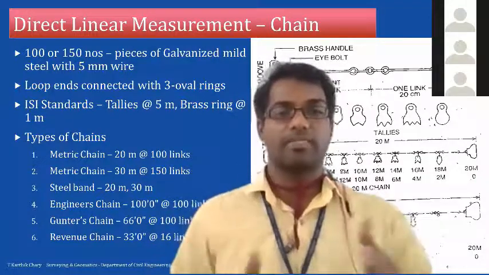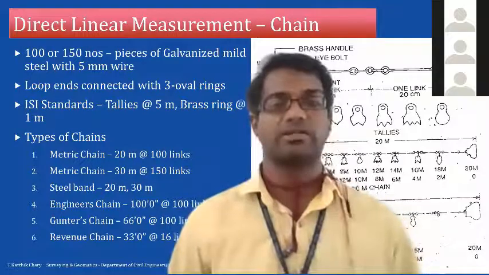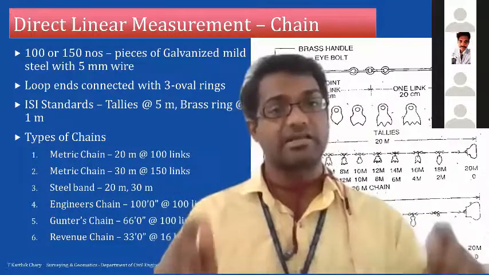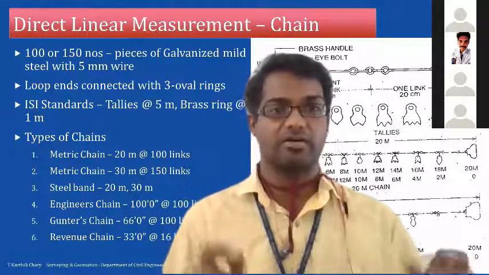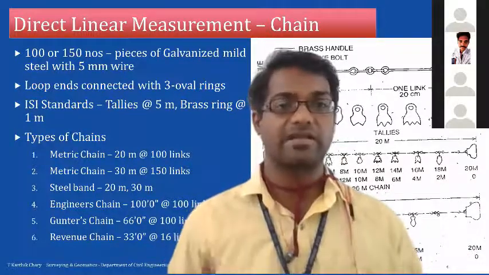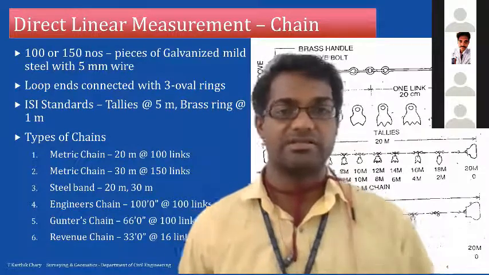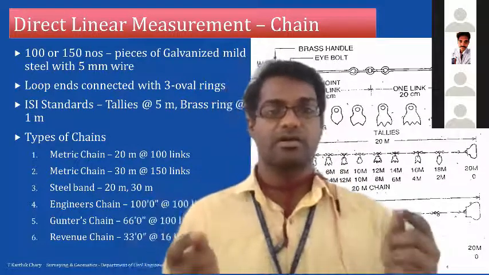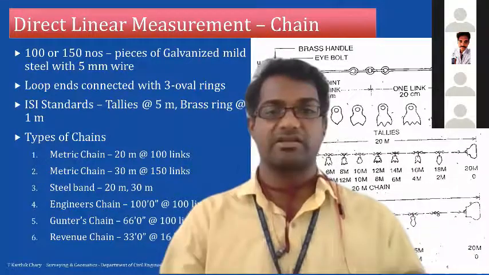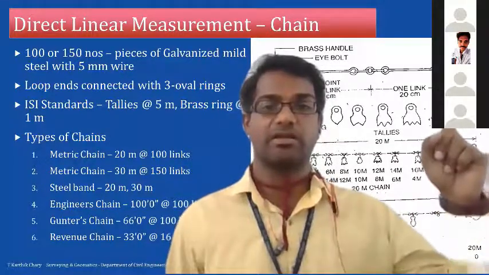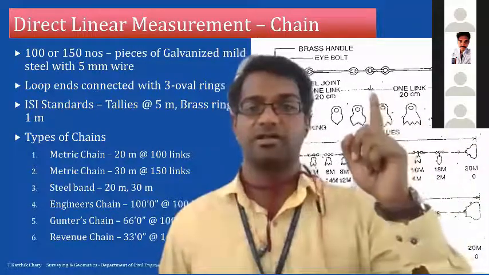The link is the distance between two adjacent center annular rings. One link is the distance between the adjacent center rings. You have the center here, and you also have the center annular ring here.